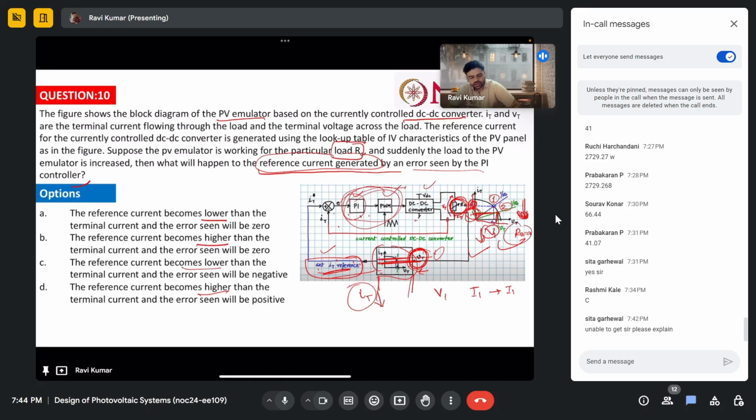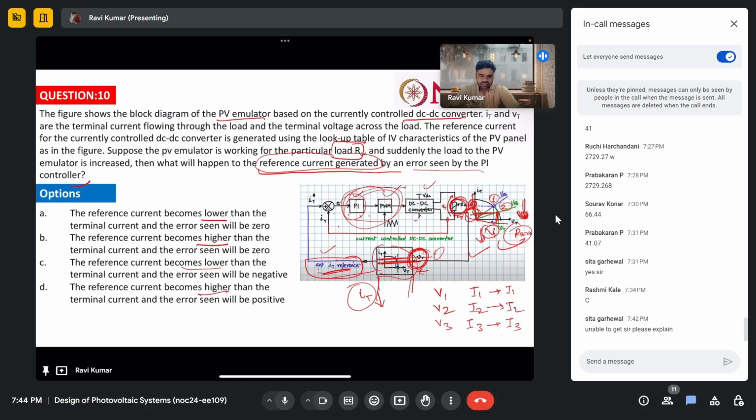Then this R naught has been changed, and we get V2. Corresponding to this V2 we will have some I2, and this I2 is the reference value. Using this reference value, this control circuit will give us I2. Then we have V3, it will give us I3, and then this control circuit will give actual I3. So this is the way it works.